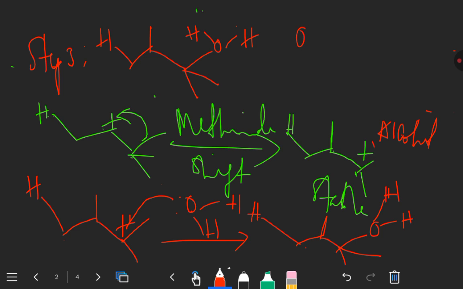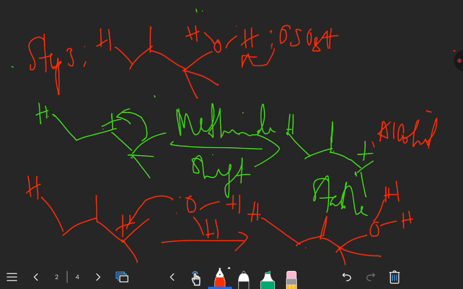We can use the same base we used, OSO3H. So this one has a lone pair of electrons, so it can grab the hydrogen at that point.